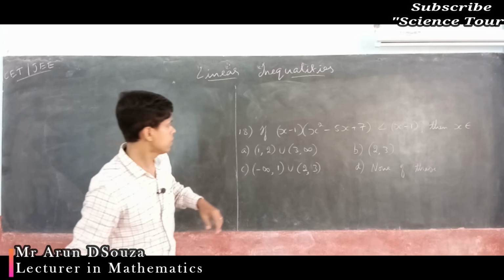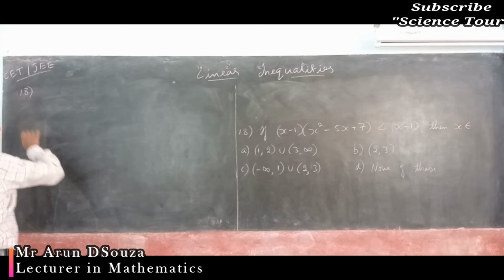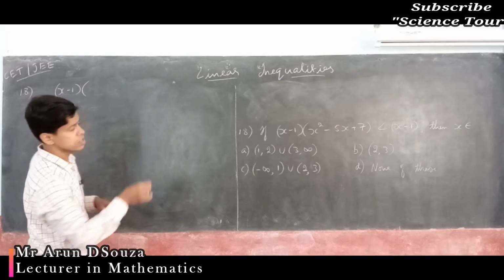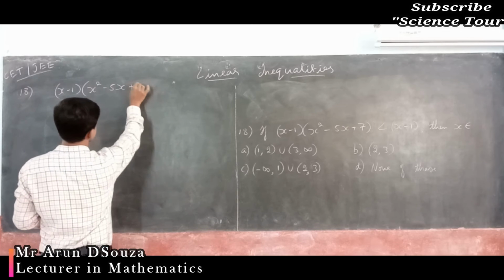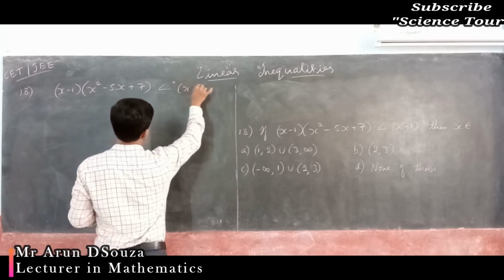Well, look at this. You have x minus 1 into x square minus 5x plus 7 less than, yes, x minus 1.